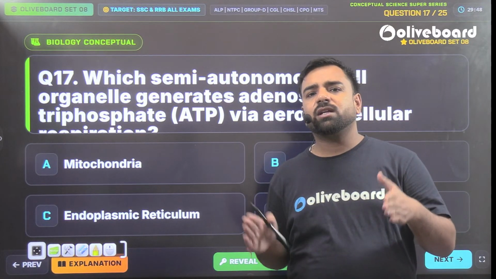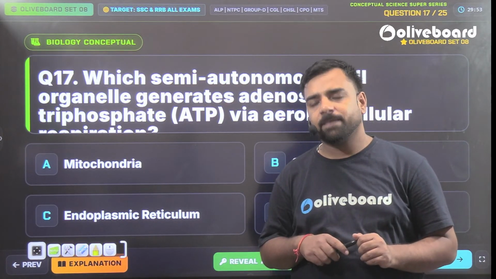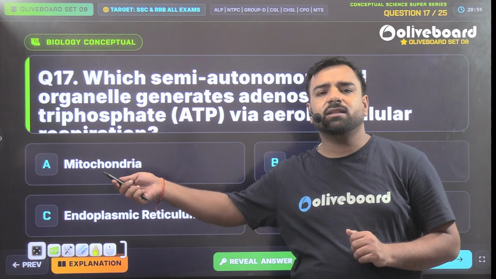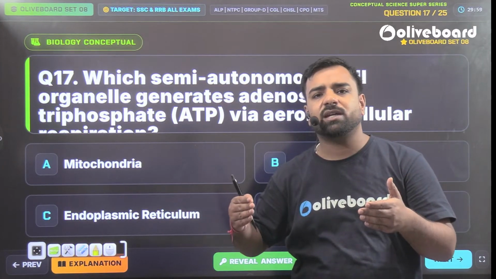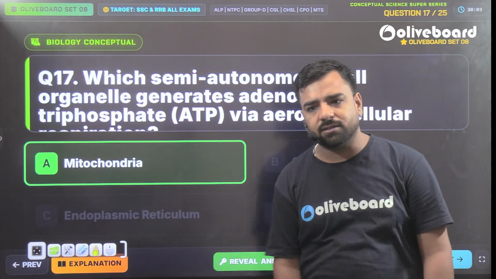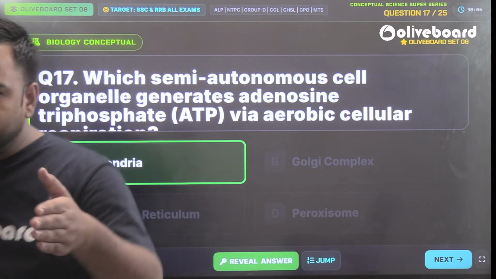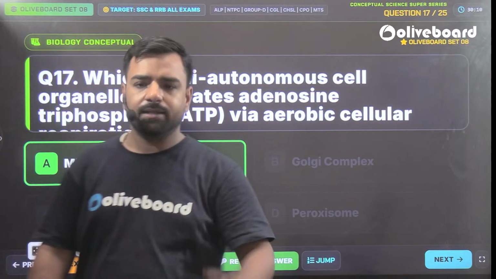In the mitochondria, glucose breakdown takes place in the presence of oxygen, that is known as aerobic respiration. And here we get energy in the form of ATP, and the full form of ATP is adenosine triphosphate. And since aerobic respiration occurs in the mitochondria, that's why mitochondria is the correct answer, right? So everyone like Vignesh, Ankita, Harry, Utkarsh, here is the correct answer.